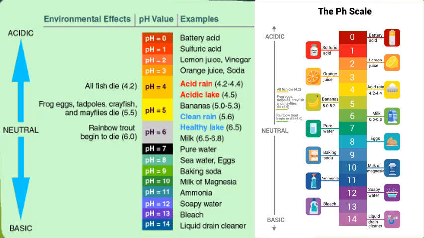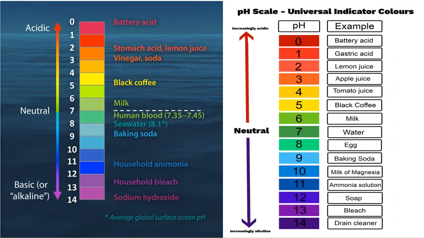The pH scale, same things which I have discussed earlier. Acid rain has pH value 4.2 to 4.4, acidic lake 4.5, and many substances we can observe in the slides. The pH scale is a universal indicator.